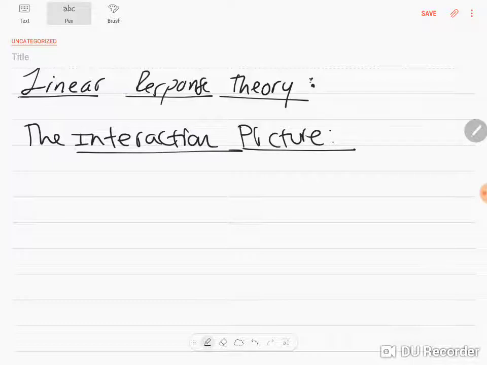Now, to understand the interaction picture, we just consider what is the ruling mathematical object of a quantum system in the absence of a perturbation, and as such we write the Schrödinger equation in this way.